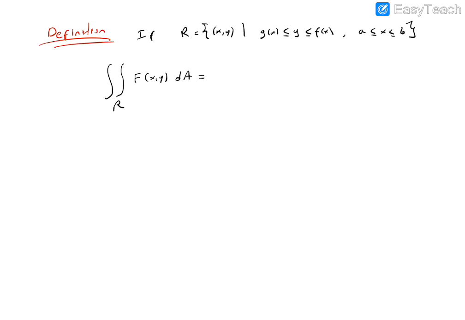Y depends on x, so first of all you have to integrate this function in terms of y, and by calculating the difference from g of x to f of x, you find the interior integral. First of all, you should calculate this integral. Then obtain the result, which is a function of x. So from a to b with respect to x, you can find the answer of this integral.